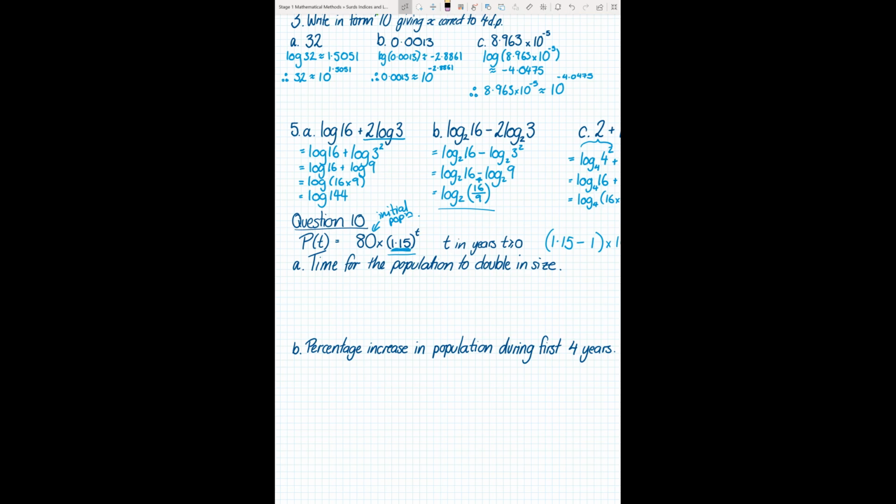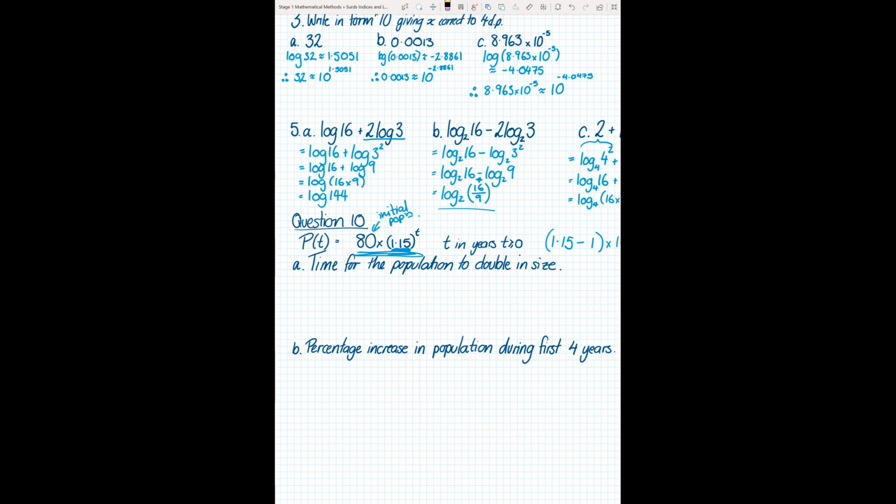If I told you that there was an initial population of 80 seals, increasing at a rate of 15% per year, you could create this relationship yourself. You would know it was 80 times 1.15 to the power of t. So just keep that in mind. You can do them both ways.